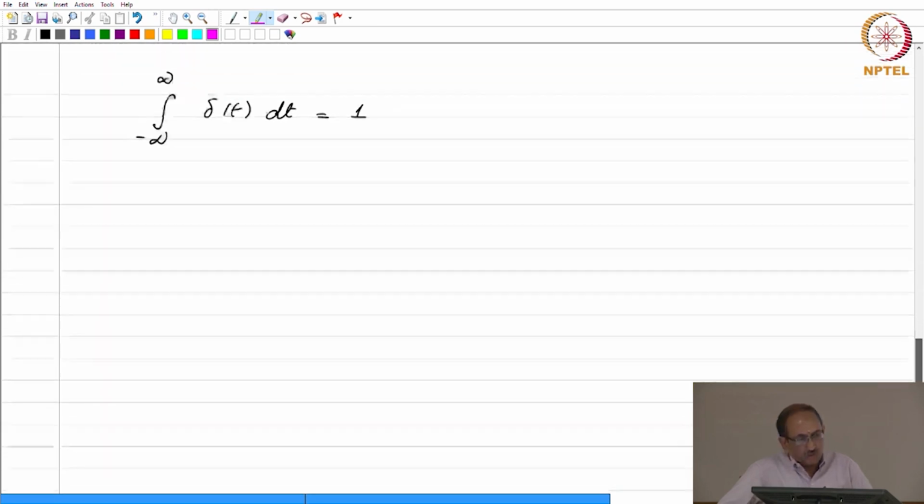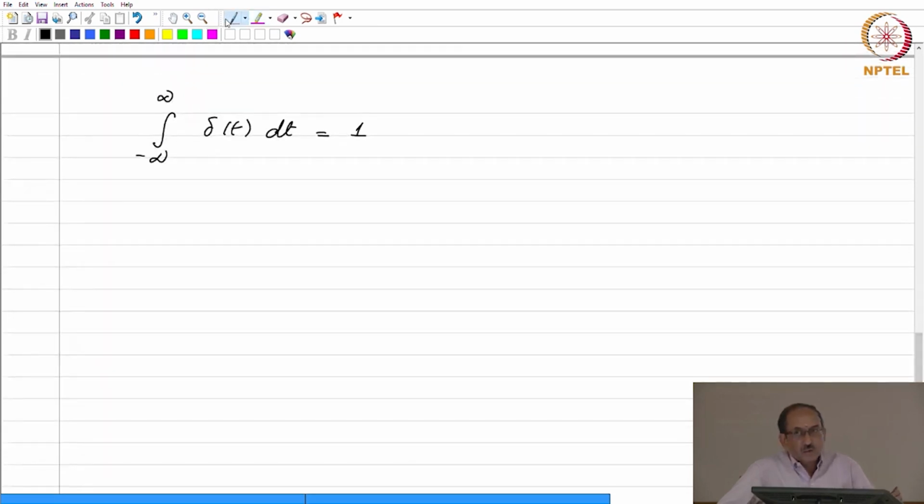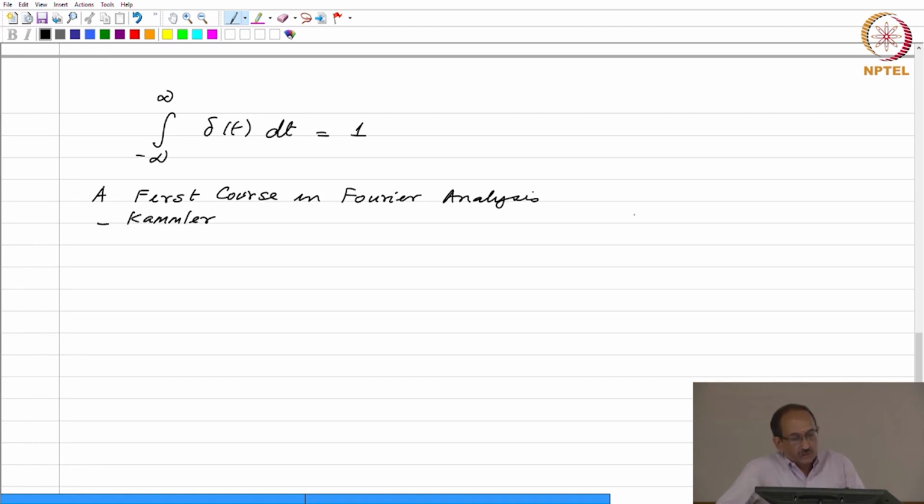If you want to learn more about the delta function at a more understandable level, you can look up the book by Kammler, A First Course in Fourier Analysis. So, this is one book you can look up, and then another book is Fourier and Laplace Transform.